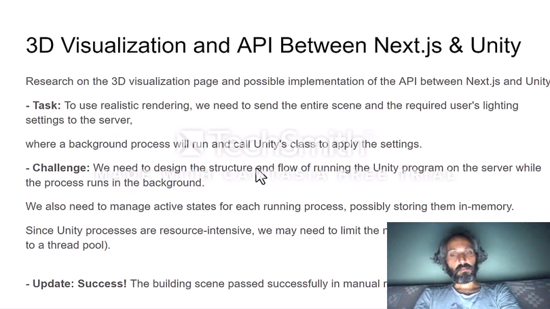So another story is settings. Right now we just check if the scene itself is working. The next questions would be to check how we will change settings, the lights, the textures, and other parameters of the scene.